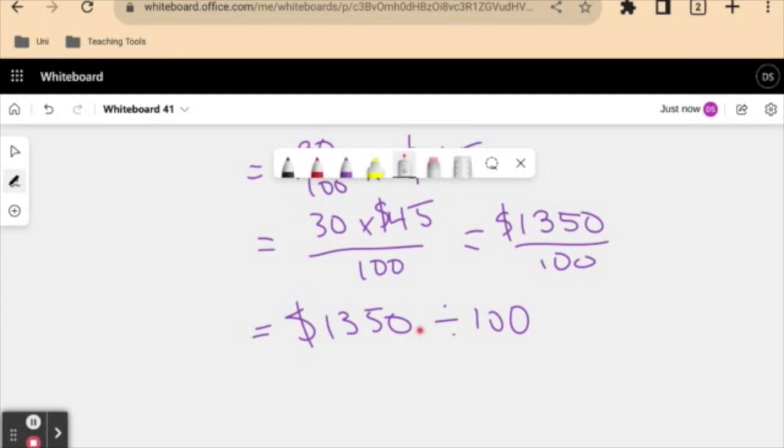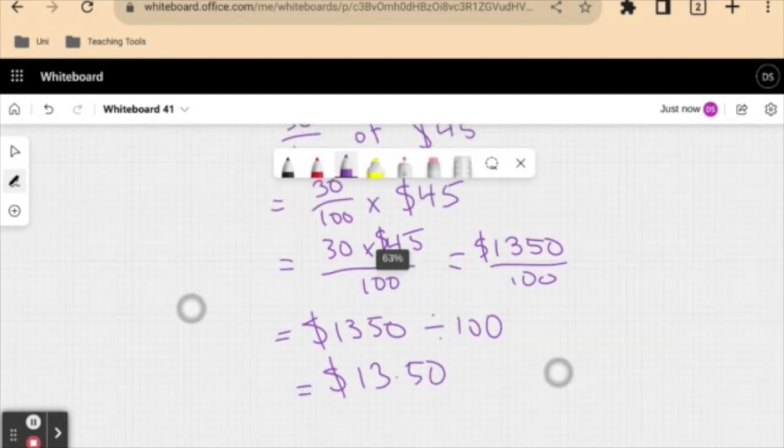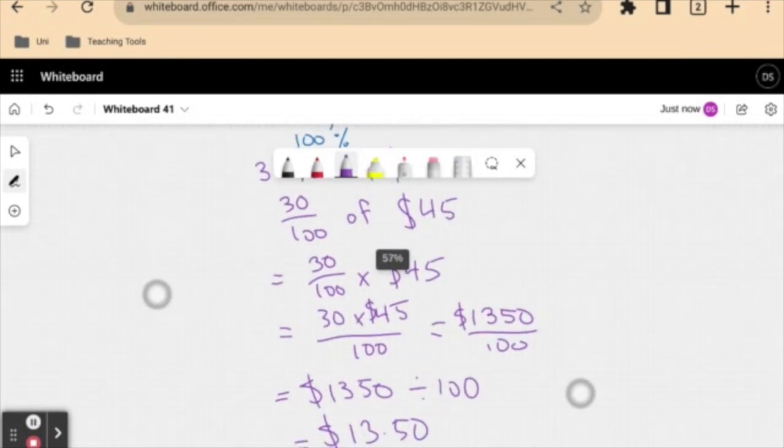And when we divide by some factor of 10, so 10, 100, 1,000, anything, we can move this 2 spots to the left. And we will end up with $13.50.